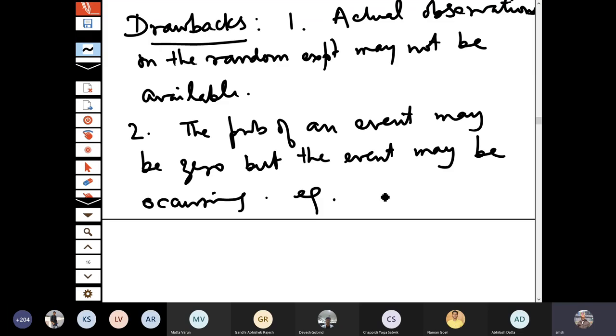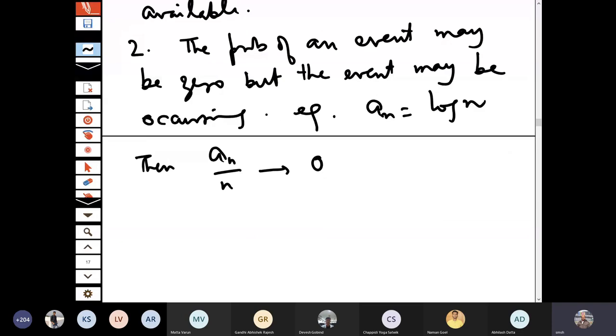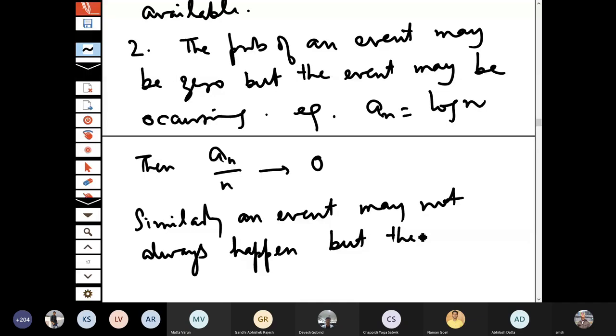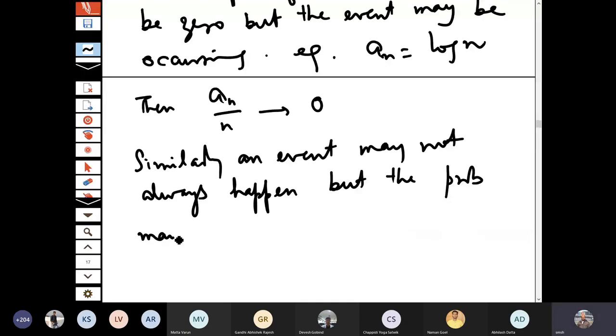For example, a_n equal to, say, log n. Then a_n by n goes to 0. Similarly, an event may not always happen, but the probability may be 1.